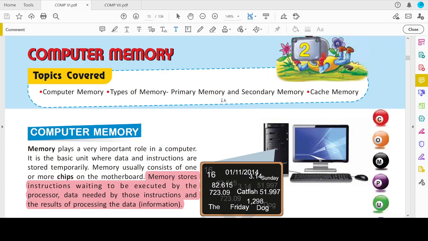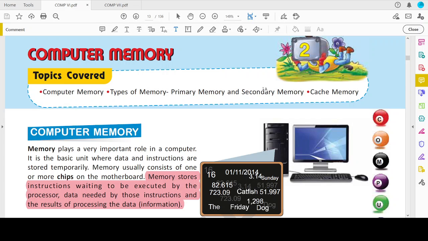So it is a temporary memory that is used by the processor of the computer. The processor can process data that is present in the RAM. It cannot execute the instructions that are present in the secondary memory.